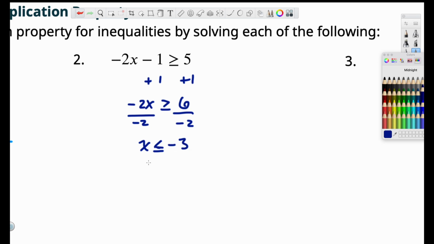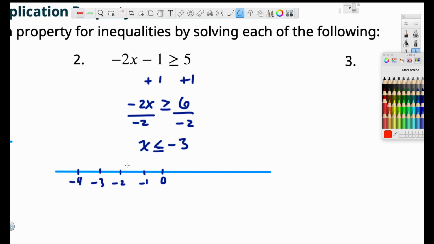So x is less than or equal to negative 3. So it can be negative 3, and it's going to be everything less than, going that way. So we're going negative infinity here, and we're going up, including the negative 3. It's going to be a bracket.